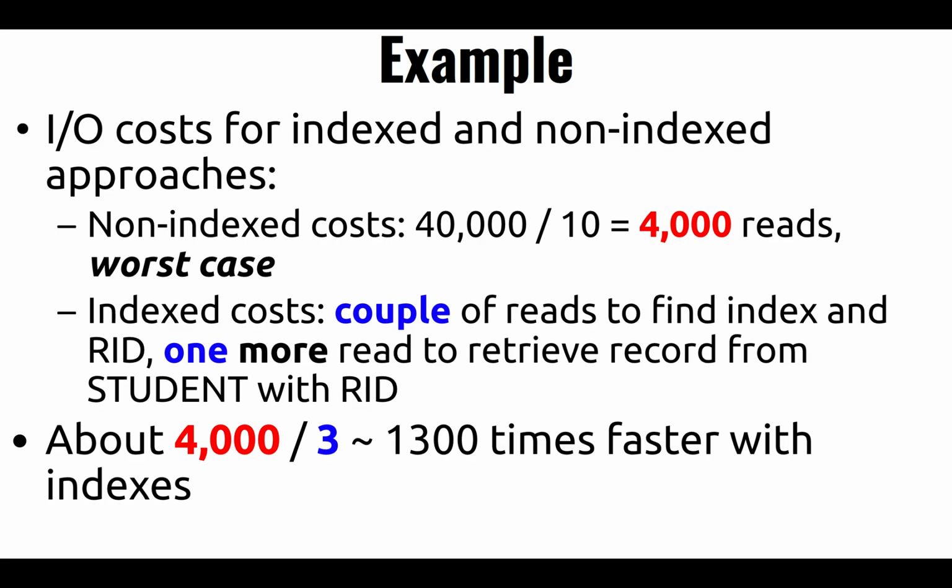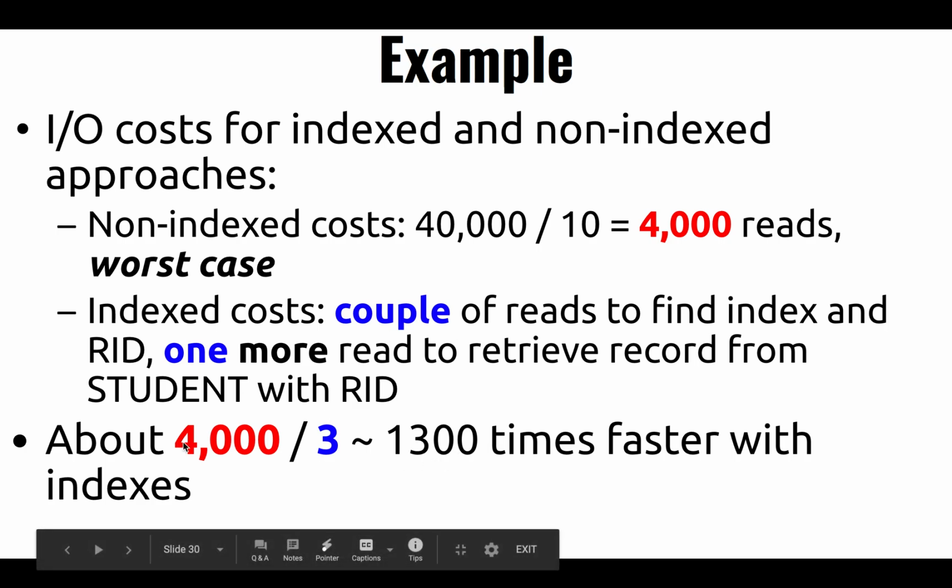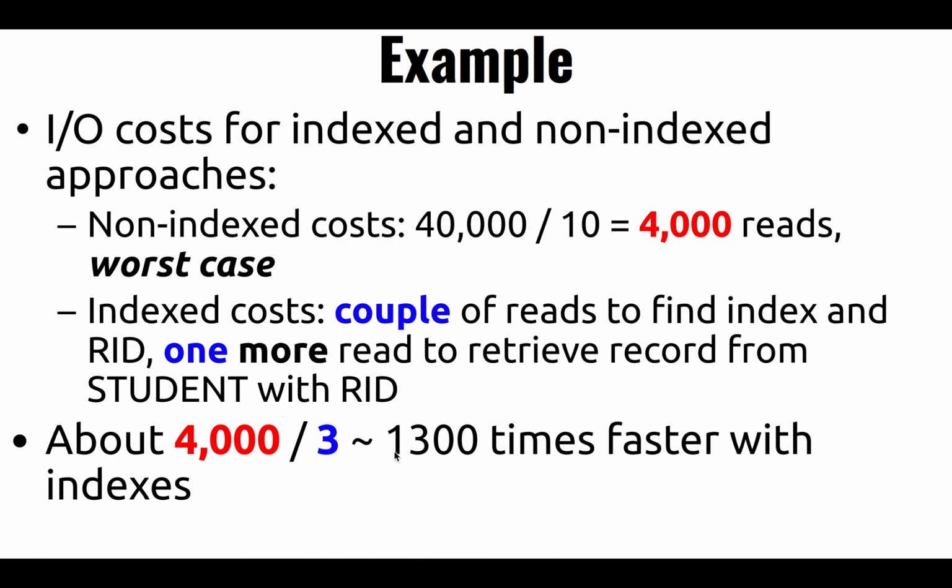So it might take me 3-4 reads to read the blocks from memory. Once I've identified what the record is, it would take me an additional read to go from that reference to the actual record. So let's say that it takes me on average 3 reads in total. So to go from a non-index to an index, worst case scenario, we're looking at 4,000 divided by 3, a ratio of 1,300 times faster performance of using index versus non-index.